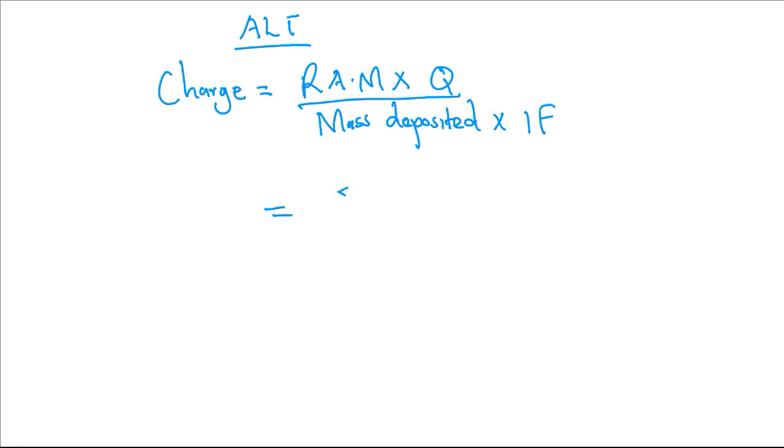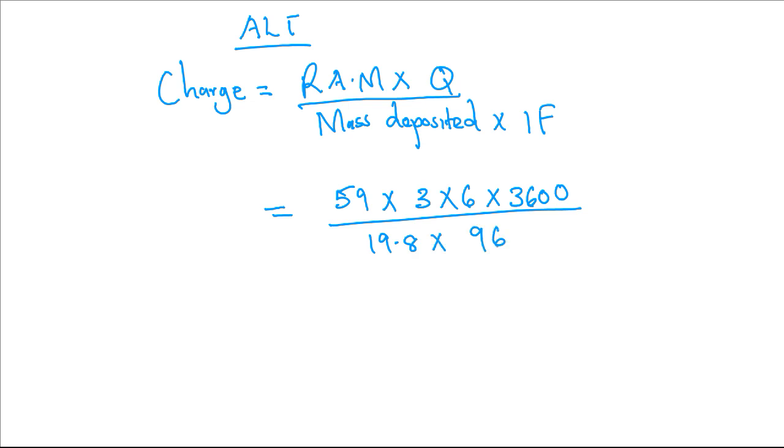So that is 59 times 3 times 6 times 3,600, because we have to convert into seconds, over the mass deposited 19.8 times the Faraday constant.